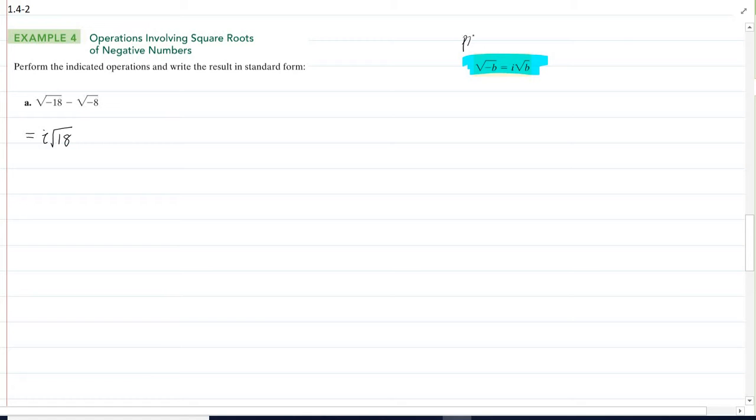Let me go ahead and write it down. Principal square root. We always have to do this first. So we have i square root of 18 minus, we're going to turn this into i square root of 8. Step 1, this is always the case, so we apply the principal square root.